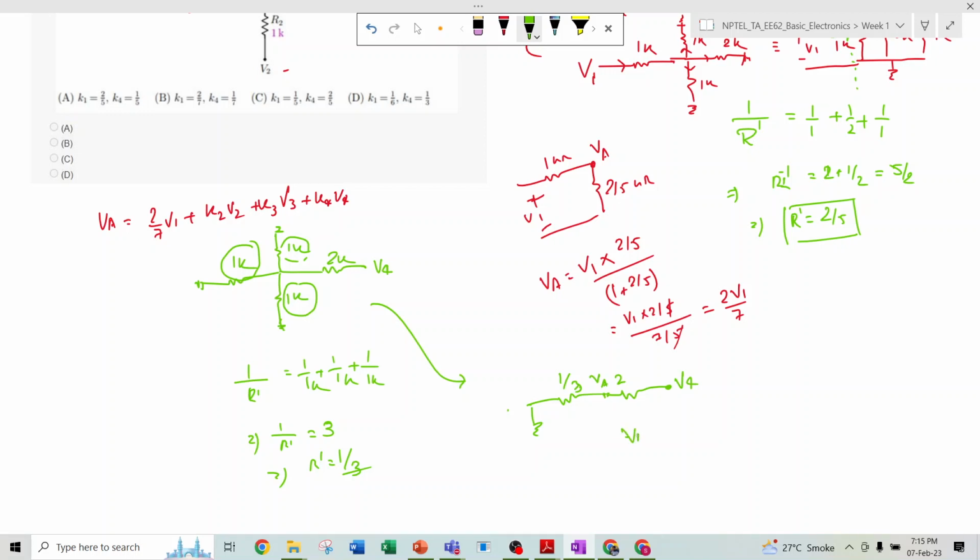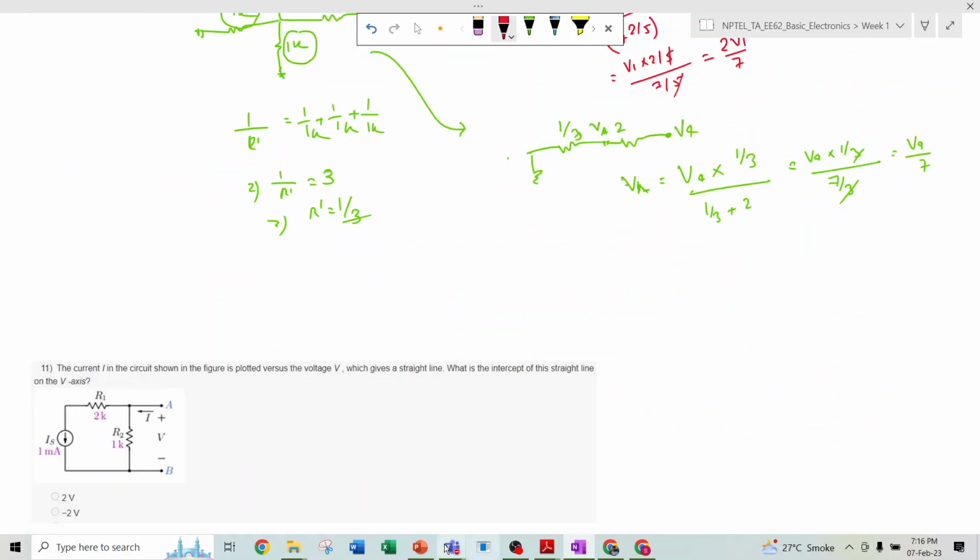VA is nothing but V4 into 1 by 3 divided by 1 by 3 plus 2. So V4 into 1 by 3 divided by 7 by 3. 3 cancels out. So it will be V4 divided by 7.